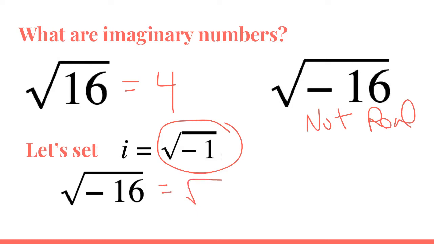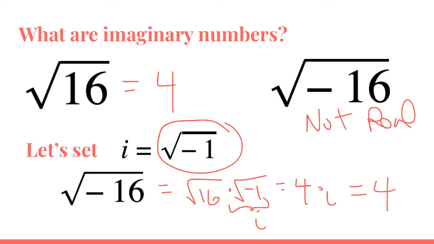So I can split this off into the square root of 16 times the square root of negative 1, which is really 4 times, and remember this is our i, so I'm just going to put an i there. We write the square root of negative 16 as 4i. We can go ahead and square root the 16 and get 4, but we can't do anything with the negative 1 under the radical, so we write the letter i to represent that.